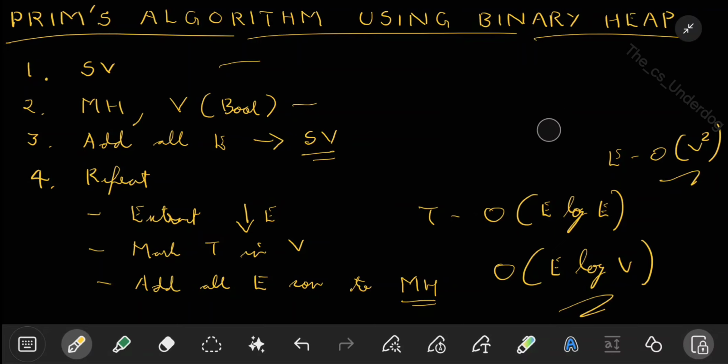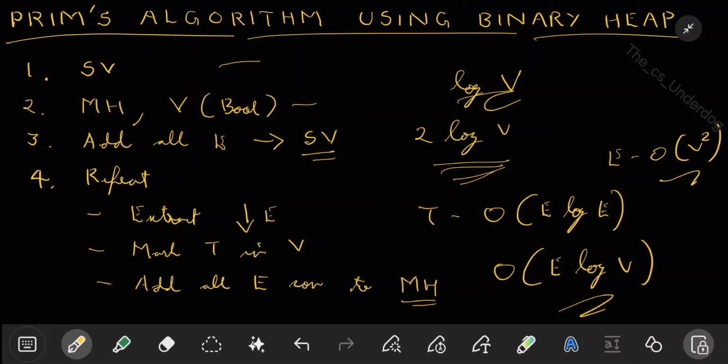But what if it is log v? If it is log v and log v square, both are one and the same as far as time complexity is concerned. The reason is log v square can be written as 2 log v. So 2 log v and log v are both of the same order, because of which e can be written as v square, which is of the order of log v only.